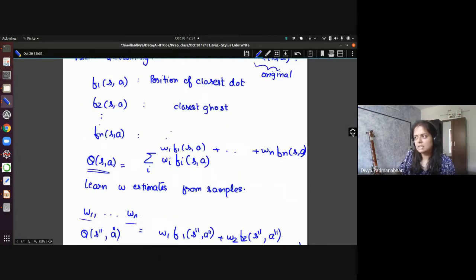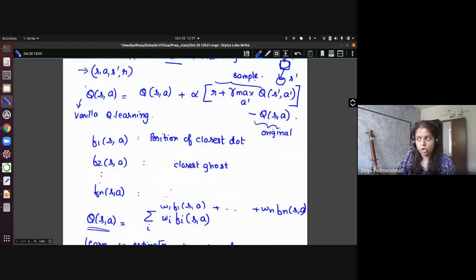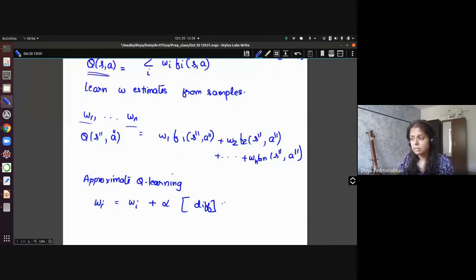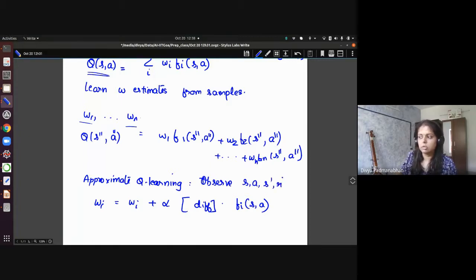This difference term is exactly like what you had here, a sample minus the original value times, there's a difference here. Here you're also going to weigh it by how much each feature value is. So what you see here is, you observe S A S dash R. This is a transition that you will observe.